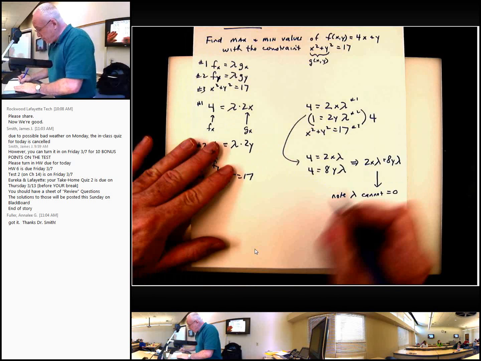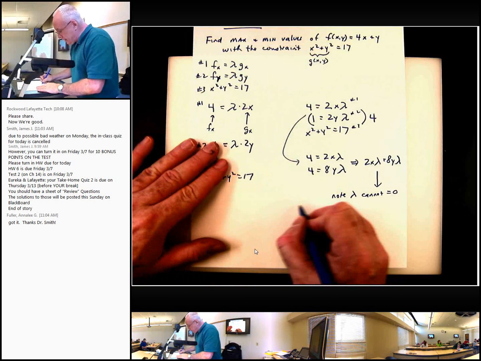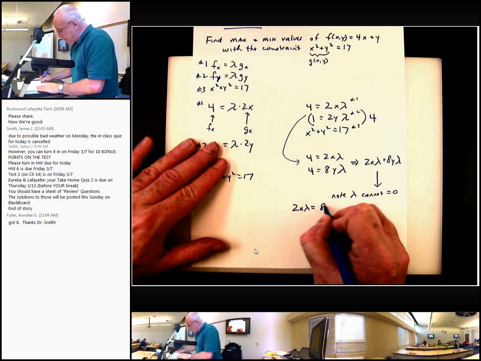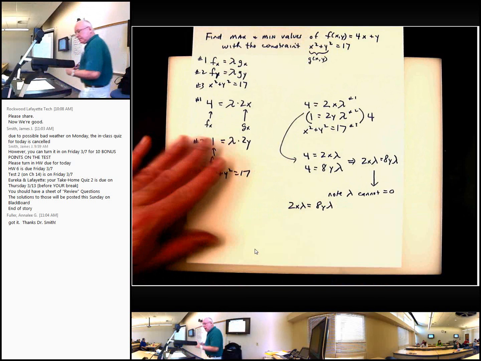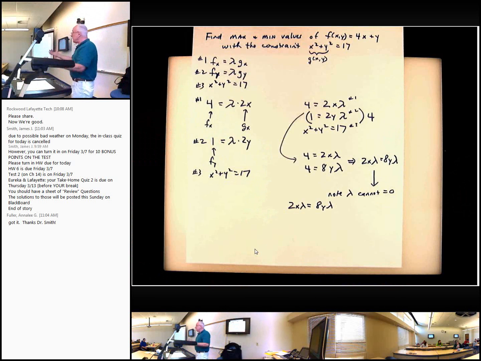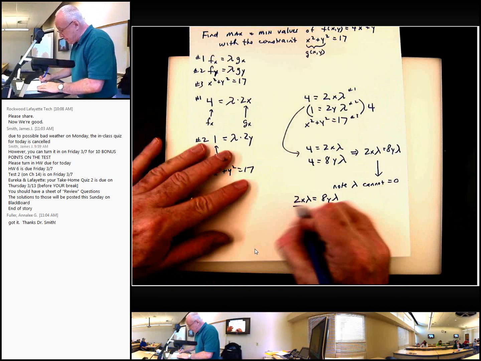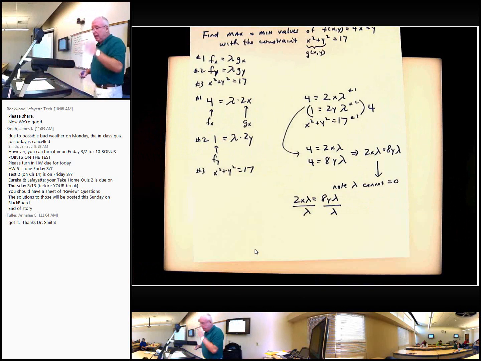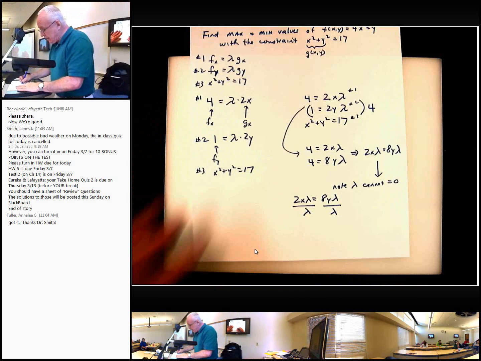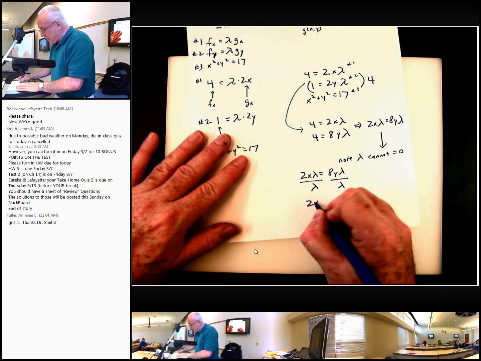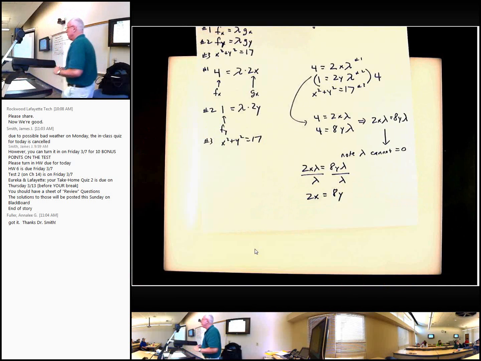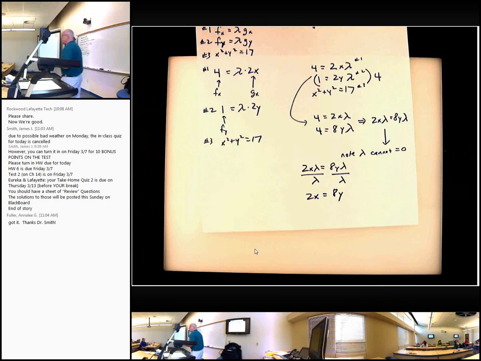So therefore, let me put down here, we have 2x lambda equals 8y lambda. What we want to get is a relationship between x and y, and let's get rid of that lambda. So let's divide both sides by lambda. And what we get then on the left side is 2x equals 8y. Well, we can reduce this a little bit further, can't we?